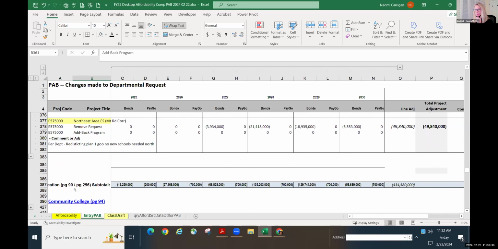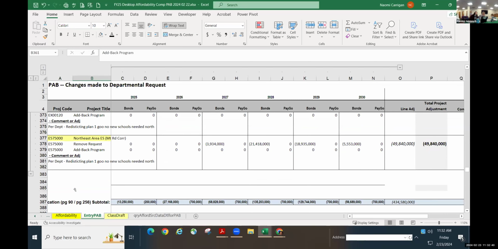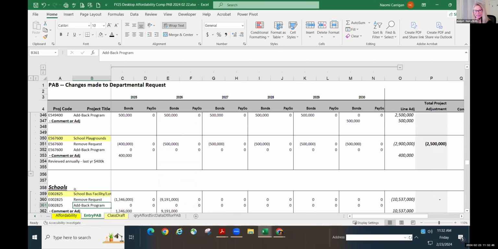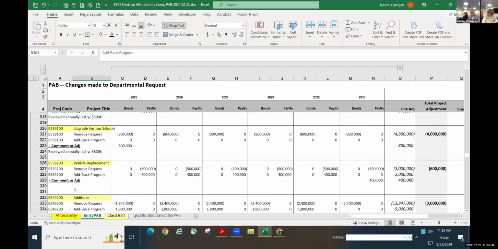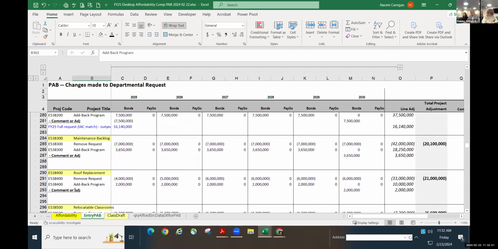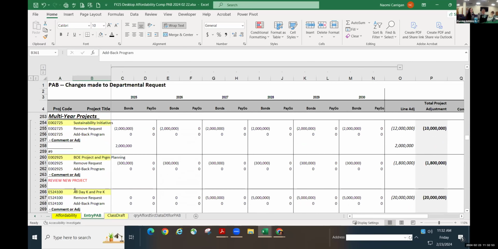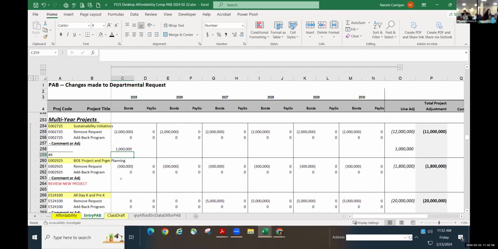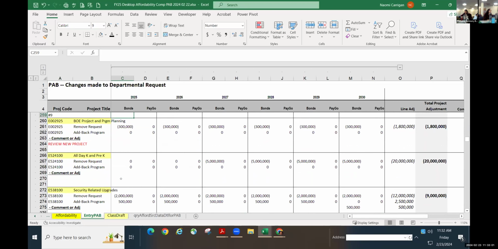Why don't you take the sustainability down to 1 million? We got the 2 million for this year. We can take another million out. The bus renovation is more sustainability, in compliance with the Climate Solutions Act.